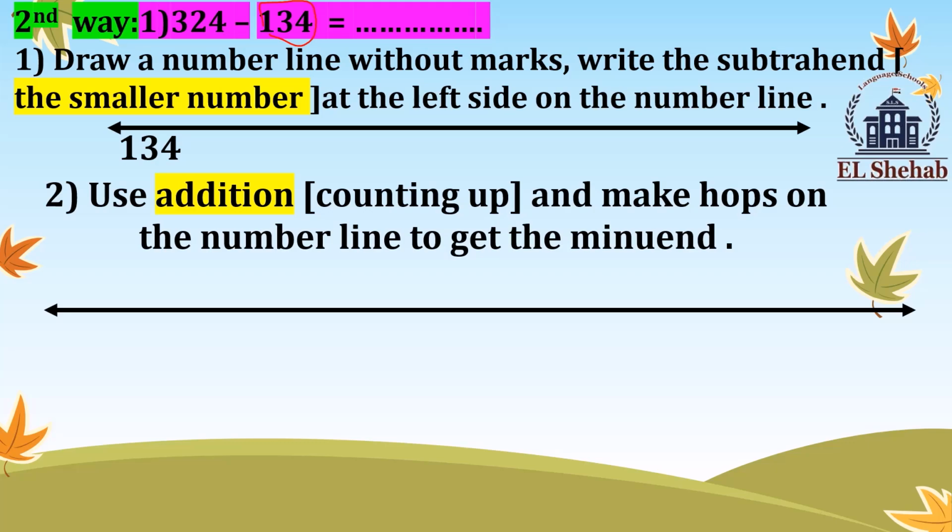134, this is the 100th number. So first I will start to hop by 100. If I hop another 100, I will be on 234. If I hopped another 100, I will be on 334, and this number will be greater than 324.